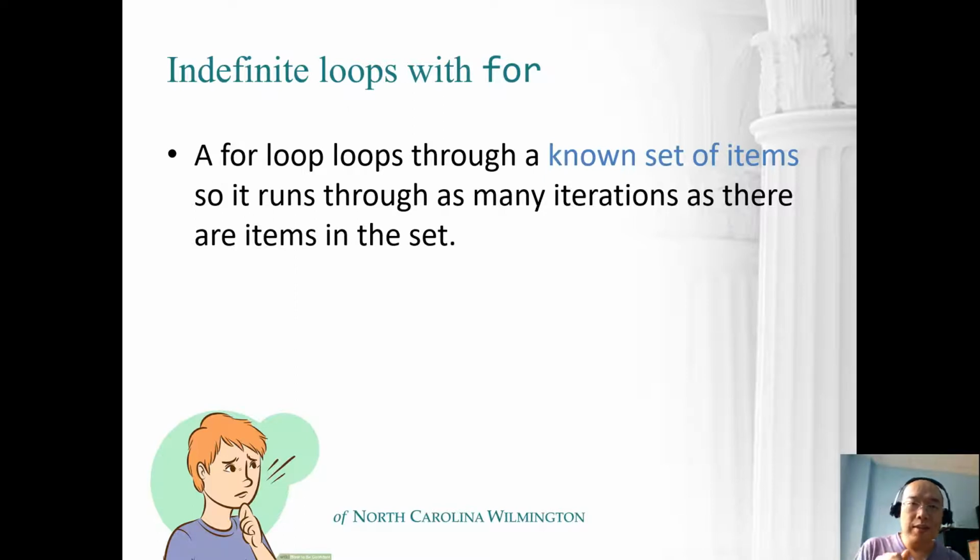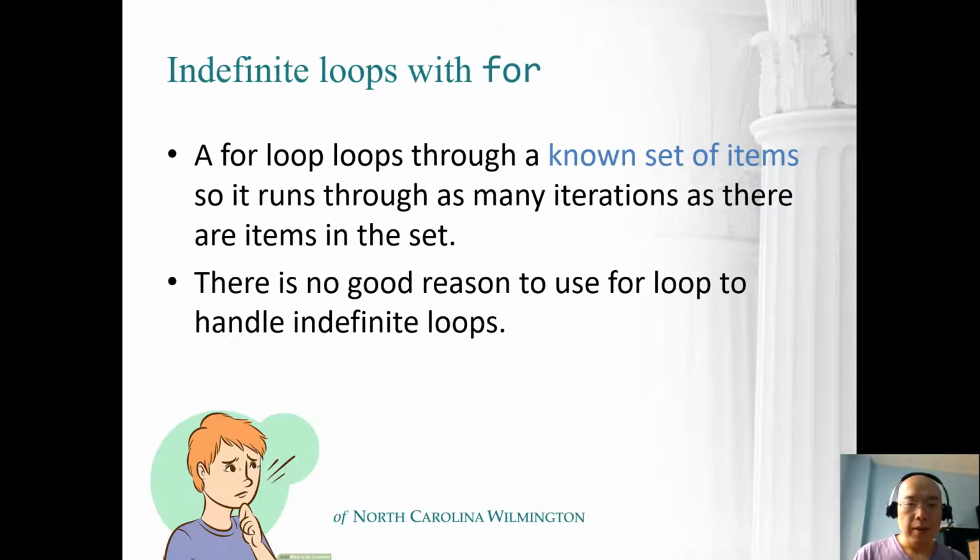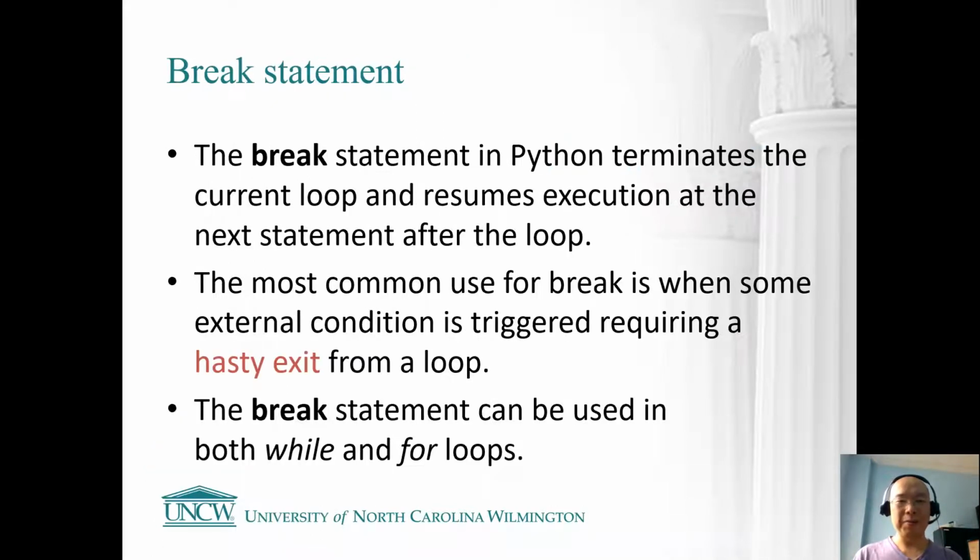So in this way, I would argue the for loop should be used for definite loops only. I can't say for loops cannot handle indefinite loops, but I would say there's no reason that you have to use a for loop to handle an indefinite loop. Okay, this is my argument.